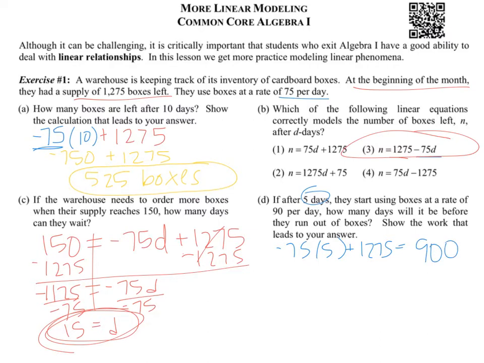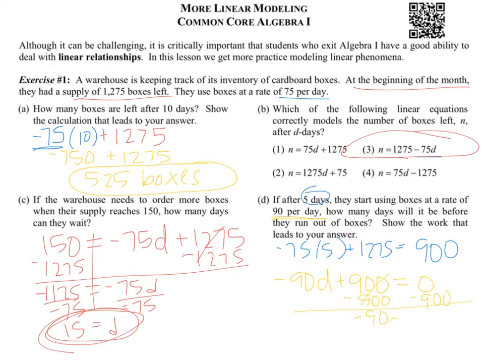So the next part of this question is asking, if they now use 90 per day, so negative 90 per day, but we have 900 as our starting point. So how many days does this take until you run out? So how many until it equals 0? So we're going to subtract 900 from each side.